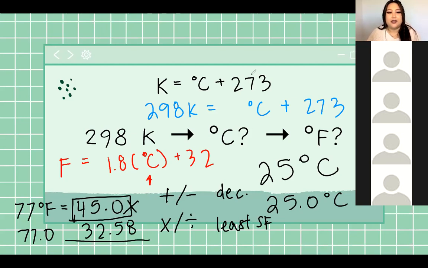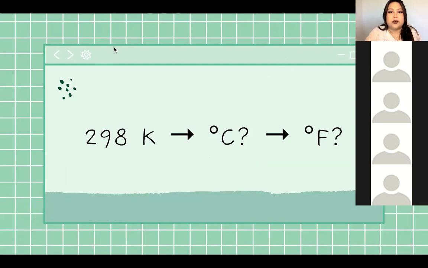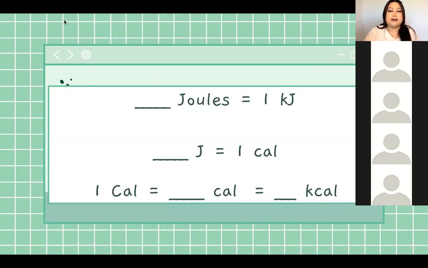Yeah, okay, cool. Any more questions before we move on? Okay, so moving on. We're just going to fill out this so we can come back to it. How many joules are in 1 kilojoule? 1,000, perfect.